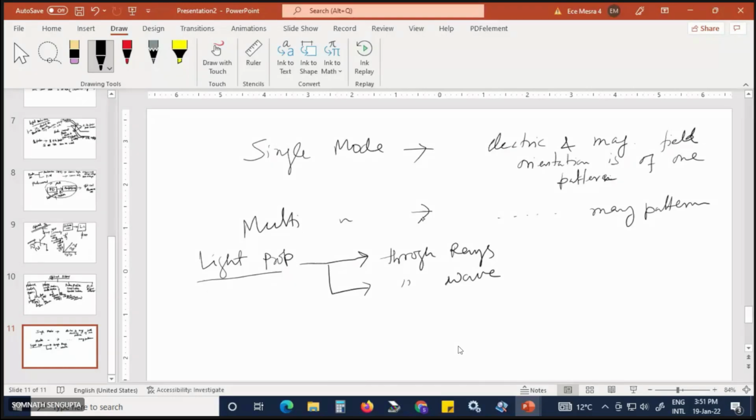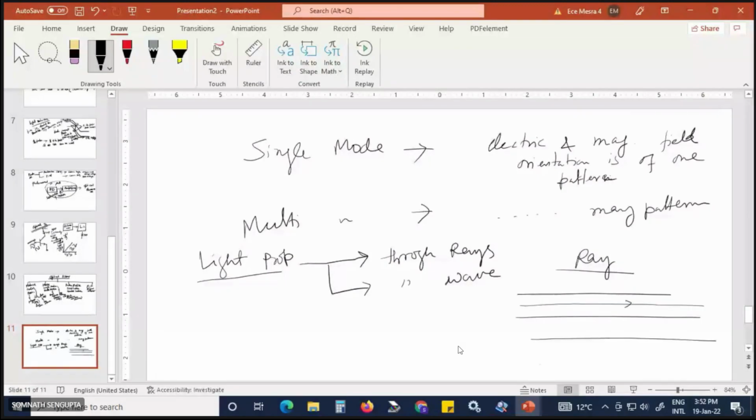If you use ray optics, in single mode fiber light goes straight, but in multi-mode fiber many light rays propagate with different angles with the fiber axis. This is single mode fiber and this is multi-mode fiber.